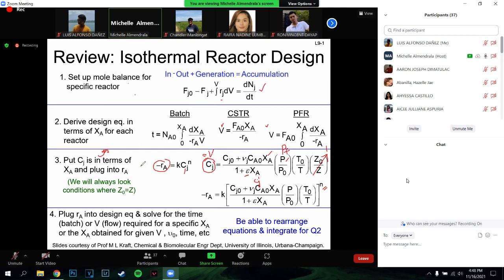So this is the whole rate expression that you're going to plug into your R sub A here.